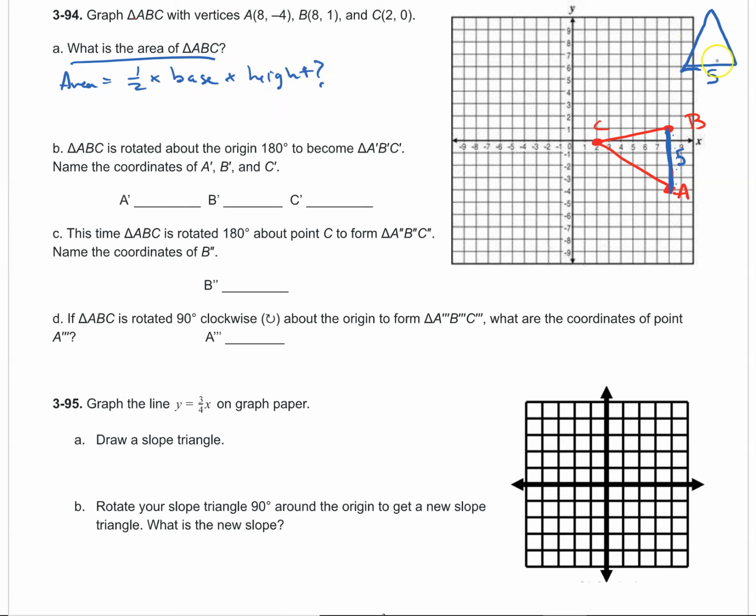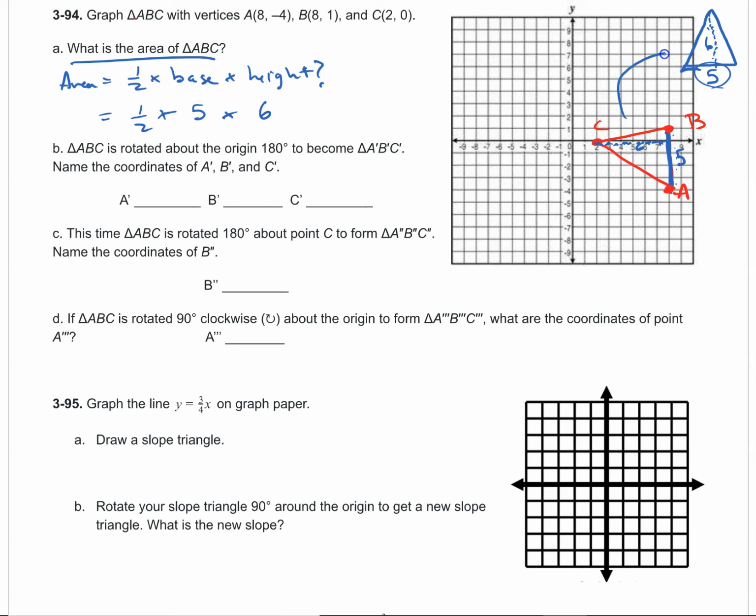So if you rotate the triangle upright, we have a base of 5 and a height. How tall is this? That would correspond to this line here. That's 1, 2, 3, 4, 5, 6. So it's going to be 6 units tall. So the area is 1/2 times the base times how tall it is, which is 6.